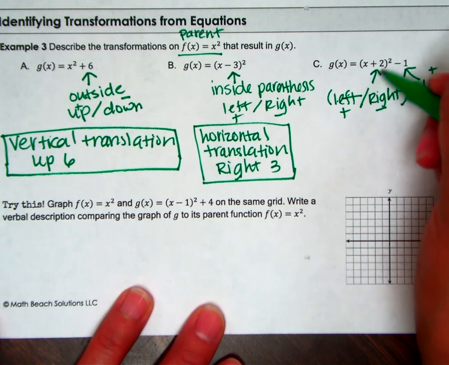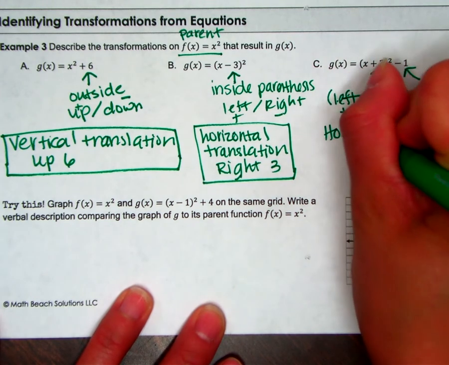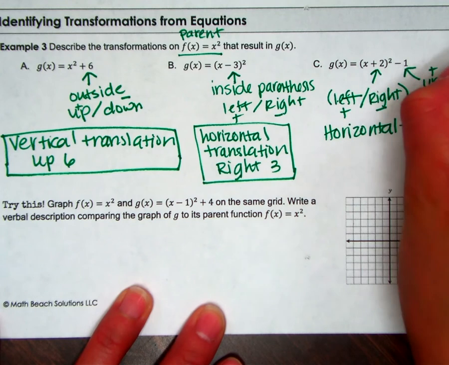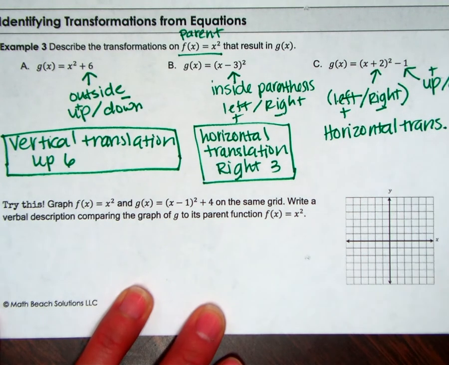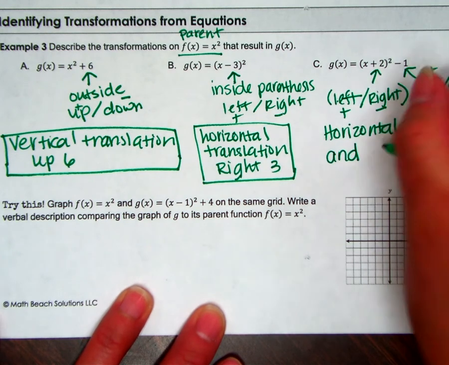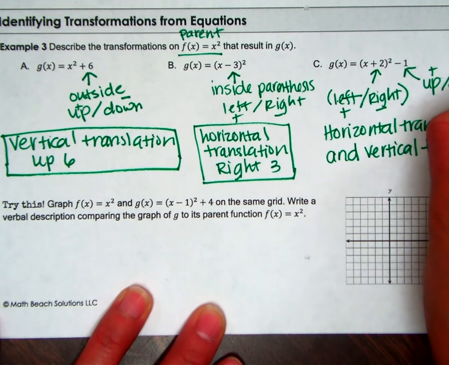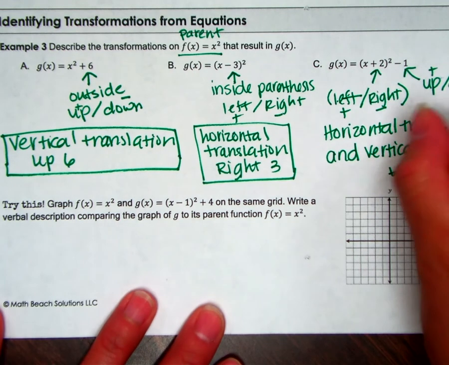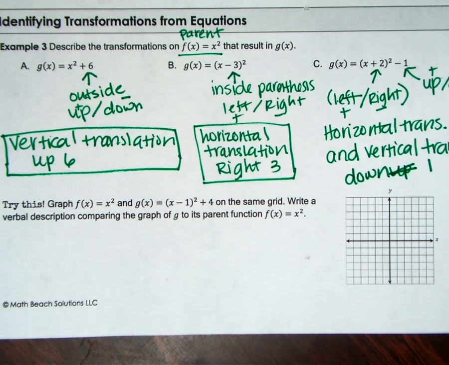So because it's a +2, you're moving horizontal translation left 2 units, and on the outside is -1, so it's a vertical translation down 1 unit because there's a minus sign.